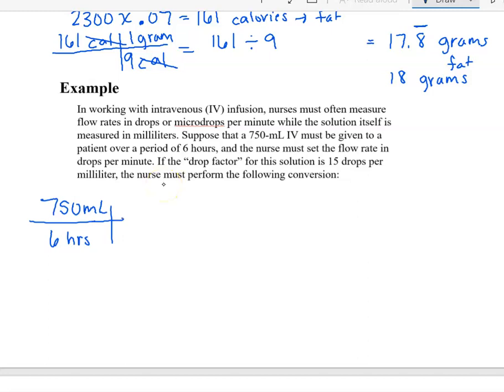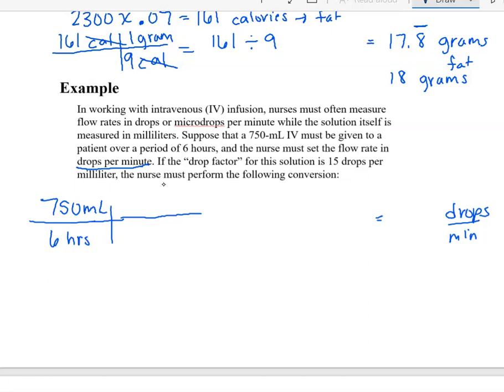So we want to convert this to drops per minute. Okay, and we know drops per milliliter. So in the end, we need to know drops per minute.